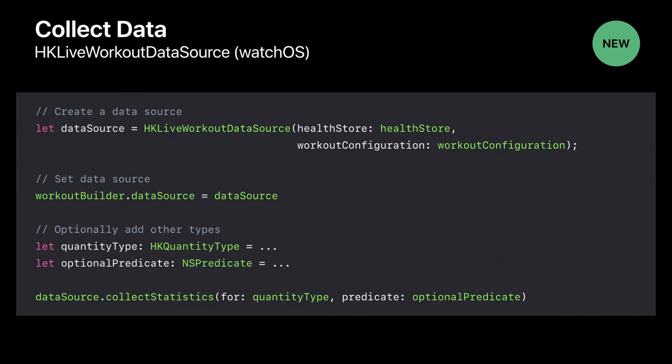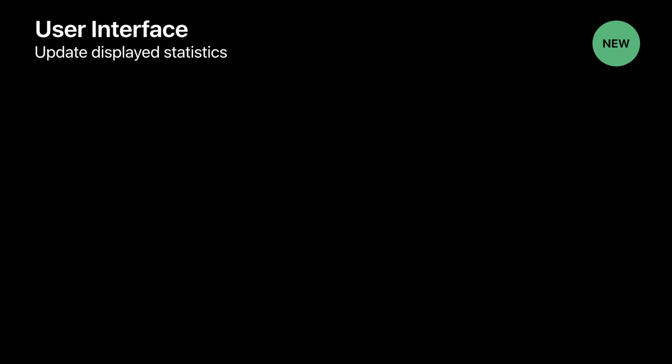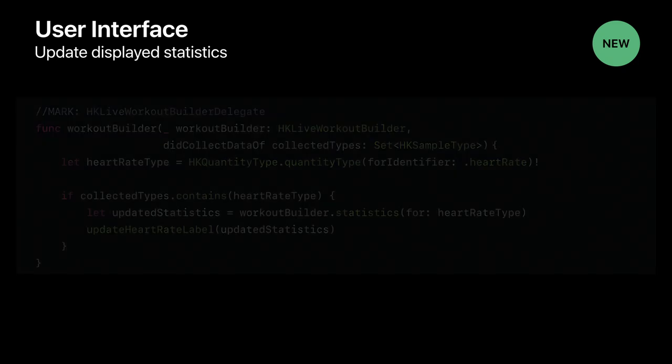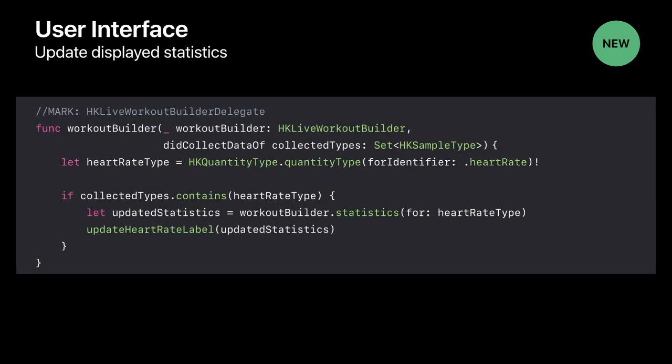So now that we have data being collected, let's see how we can display it directly in our user interface. So every time new data comes in, the builder's delegate method, workout builder did collect data of collected types will be called. And so here, if, for example, I'm interested in the heart rate type, I will make sure that it's one of the collected types.